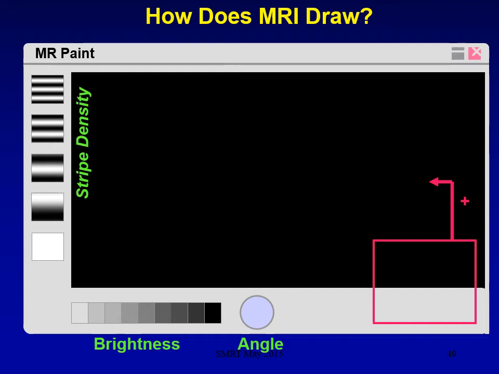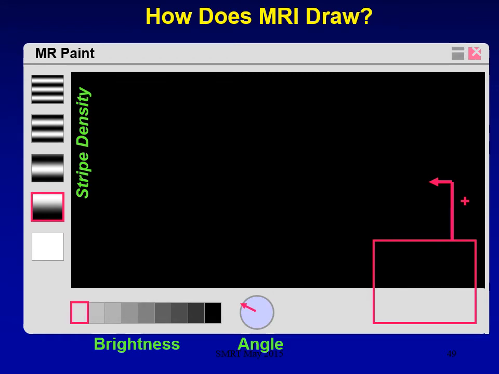What these resemble in real life is a series of stripes of different intensity, different spacing, and different obliquities. So we have different frequencies of stripes across the whole image, high frequency versus low frequency, different intensities of stripes, and we're going to put these stripes across this image in different obliquities.